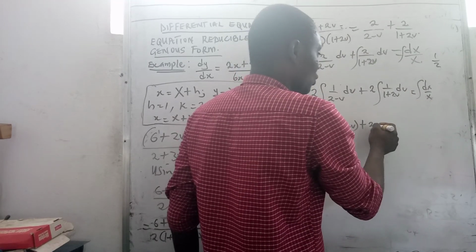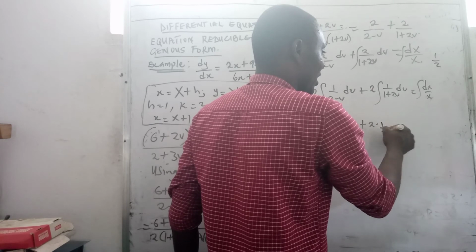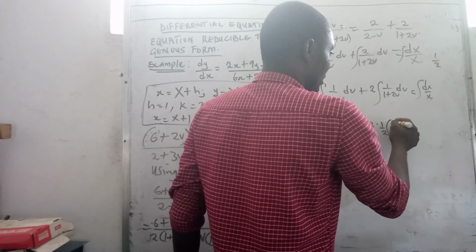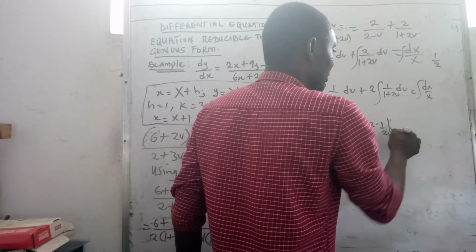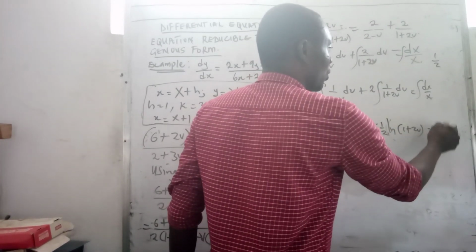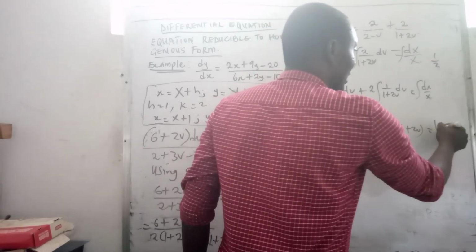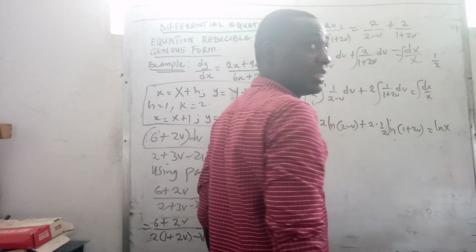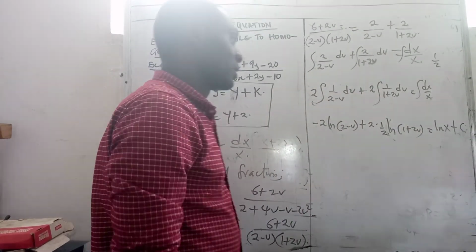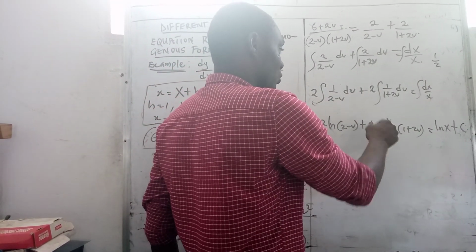So I'm going to have 2 times 1 over 2 ln 1 plus 2v equals, so the integration of this is ln x plus the constant c.